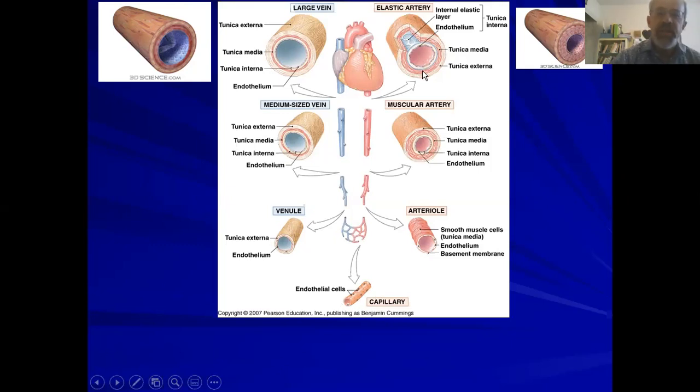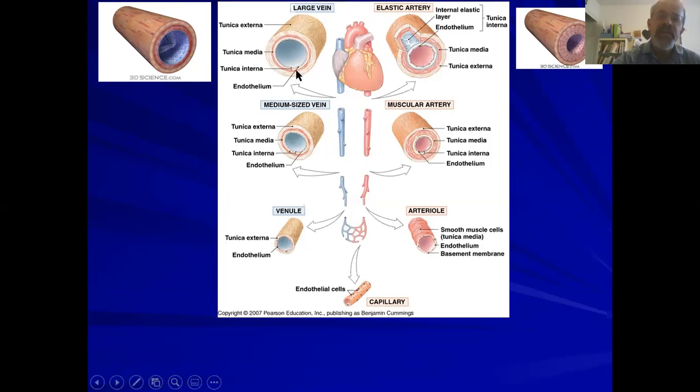So let's take a look at the structure. What's actually different between an artery and a vein? Well, first let's take a look at the similarities. Both arteries and veins, histologically, you guys are familiar with histology, of course, we slice through them. Both arteries and veins have 3 layers of tissue that surround the lumen, the central cavity.